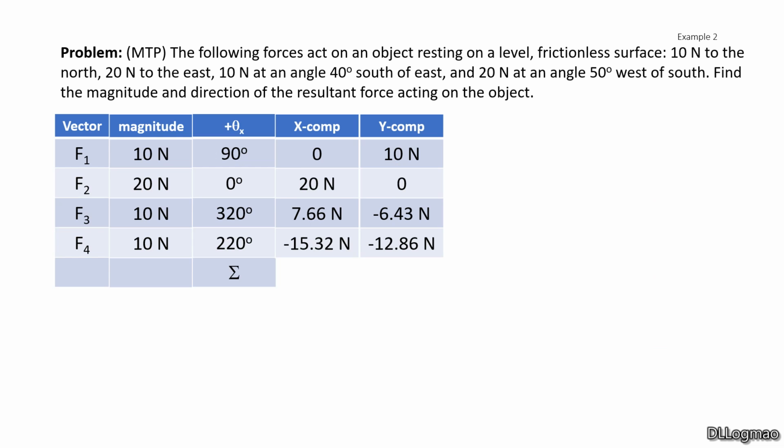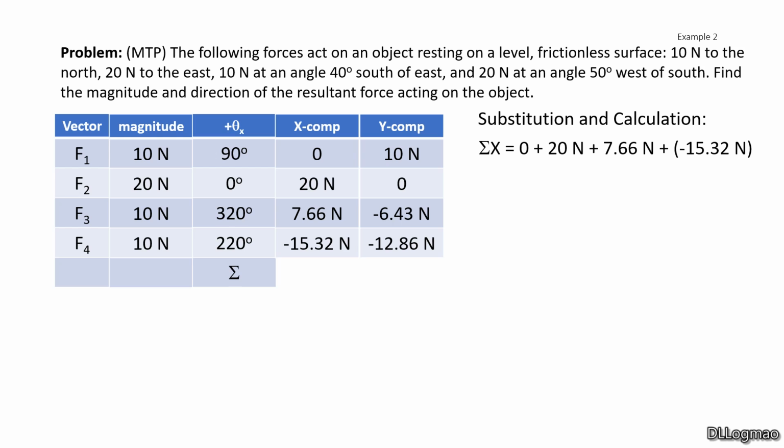Now find the sum of the x components. The sum of the x components is equal to 0 plus 20 newtons plus 7.66 newtons plus negative 15.32 newtons. The sum of x components is 12.34 newtons. Write the result on the table.